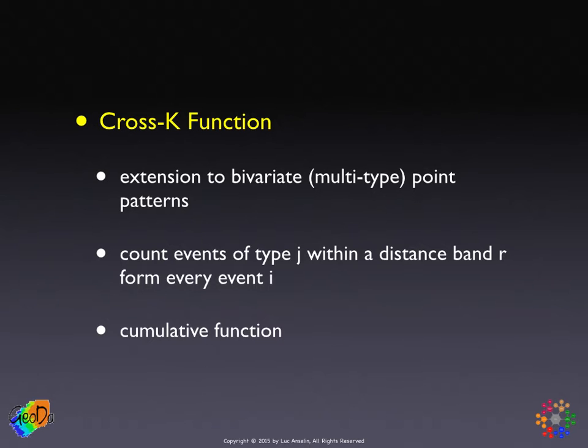So the idea is, what is the relationship between these two different patterns? The mechanics are exactly the same as in the univariate K function. The only difference is that we count a different type of points within the radius.